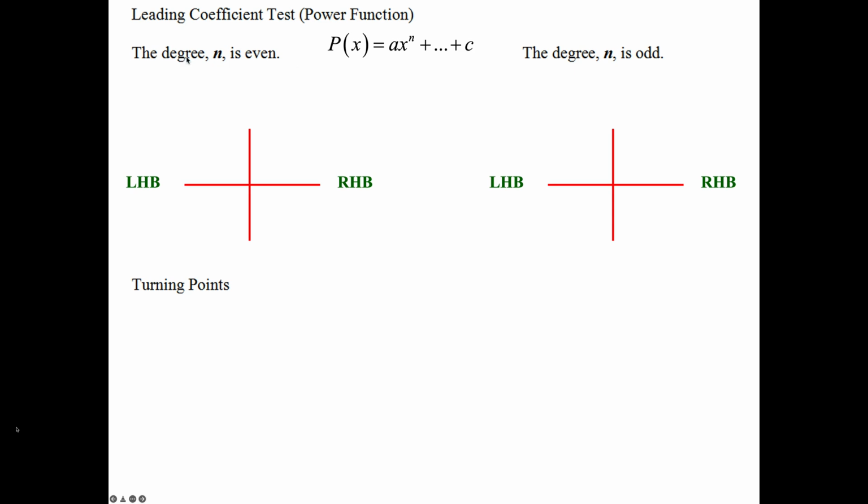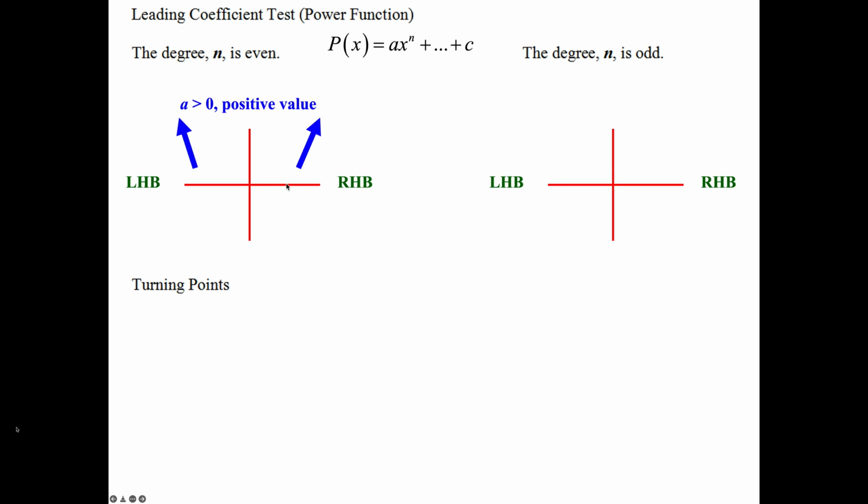So when you have a degree of n, the first term's power is even. When you look at your left and right hand behavior, as my x's go out to negative infinity, and you take negative x's and you raise them to an even power, you get positive y's.